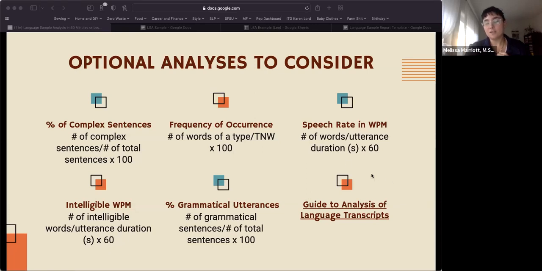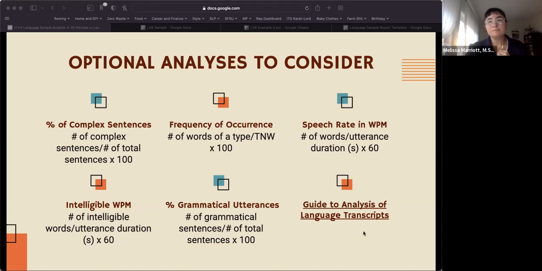If you're interested in language sample analysis, I would really highly recommend this book, Guide to Analysis of Language Transcripts. In the folder that you have, there are a couple chapters or excerpts from chapters that I scanned for you so that you can look up norms either for syntax, like MLU development, and also some TTR norms.